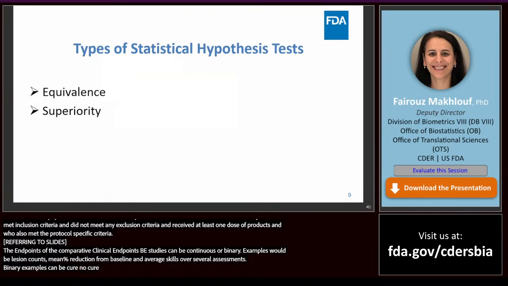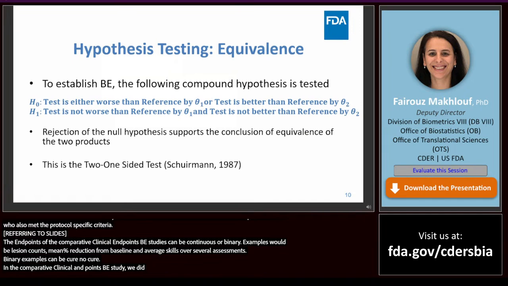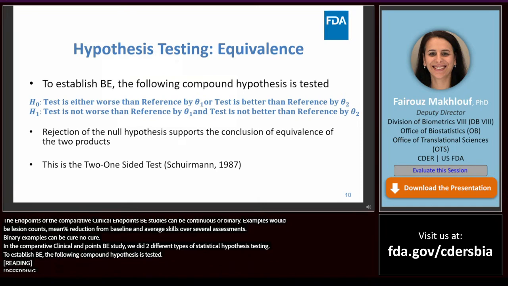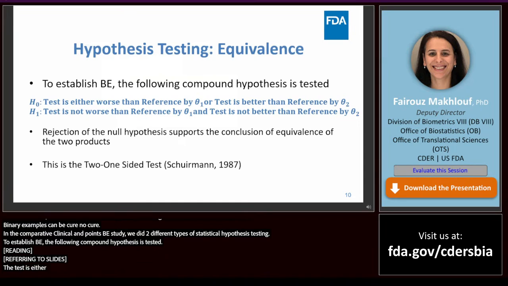In the comparative clinical endpoint bioequivalence study, we conduct two types of hypothesis testing, equivalence and superiority. To establish bioequivalence, the following compound hypothesis is tested, where the null hypothesis states that the test is either worse than the reference by theta 1 or the test is better than the reference by theta 2.